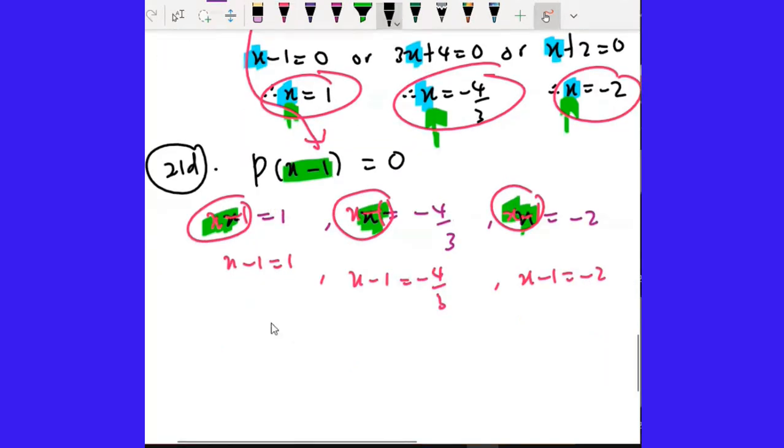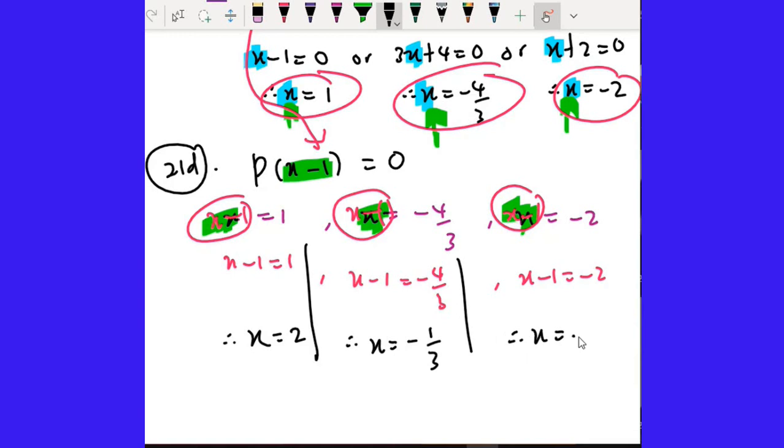Then simplify. X is equal to 2. X is equal to negative 1 over 3. Check. X is equal to negative 1. Okay, check. You can check the answer. Good. 2, negative 1, negative 1 over 3.